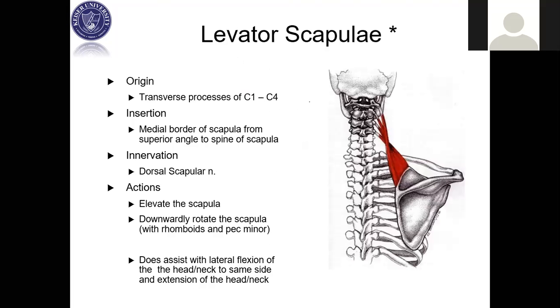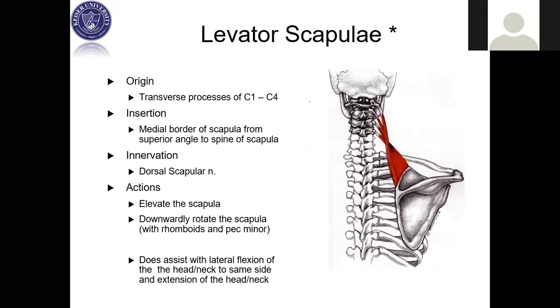So the first muscle that you're going to need to know is the levator scapulae or levator scapula. You need to know everything about this muscle. You need to know its origin, its insertion, innervation, and the actions.